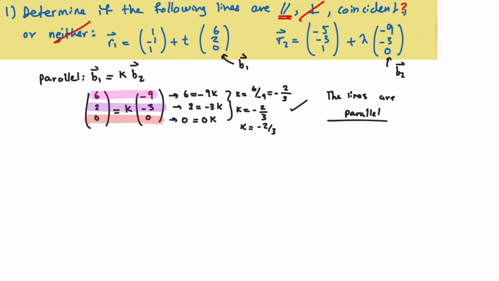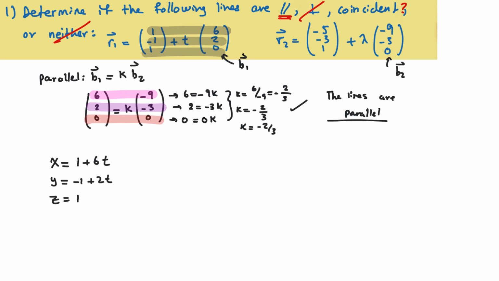R1's parametric equation. I like using parametric equations for this. It's a little bit easier. x is equal to 1 plus 6t, y is equal to -1 plus 2t, and z is going to equal 1 plus 0t, or just 1.